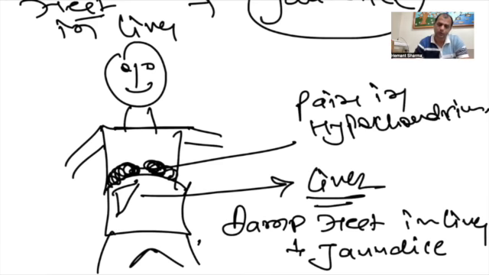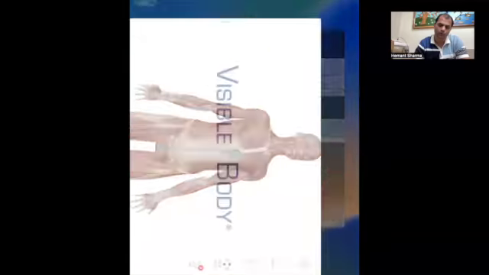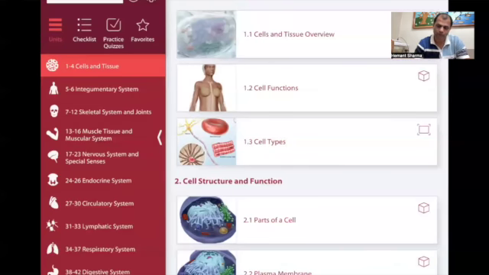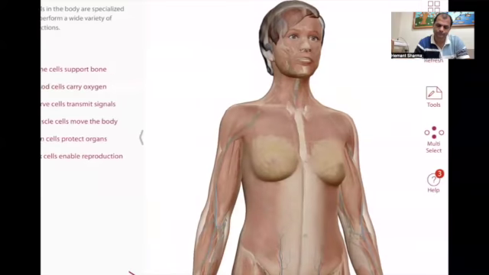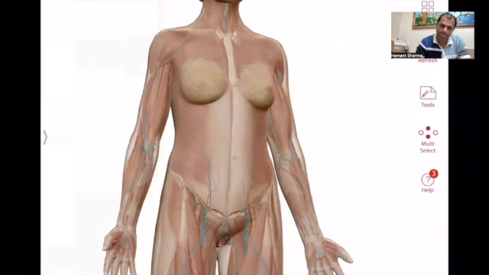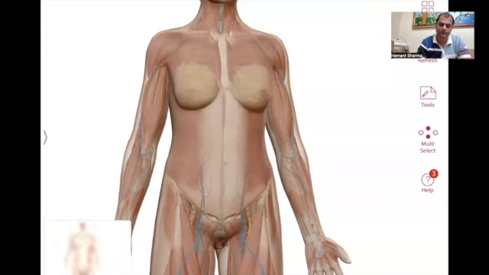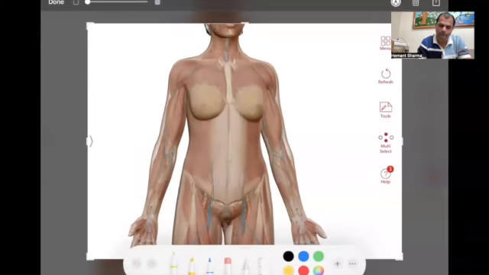Hypochondria. You are well aware of the hypochondrium. आप hypochondrium जानते ही हैं. So look at this image. We can divide the abdomen into 9 parts. हम पेट को 9 भागों में बांट सकते हैं.